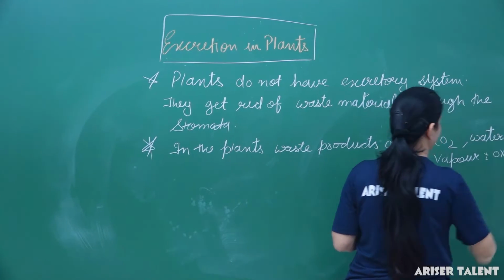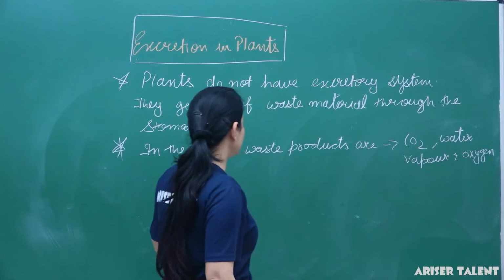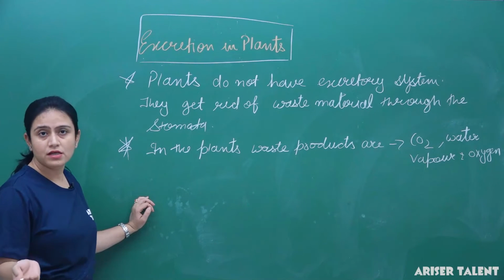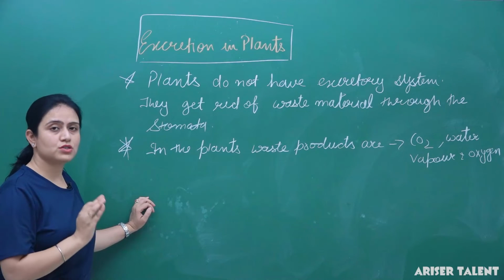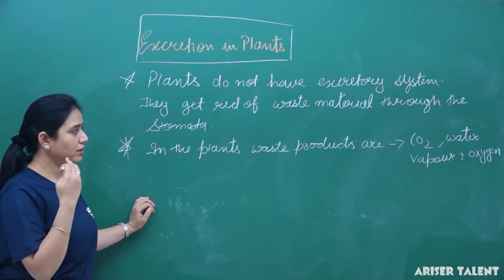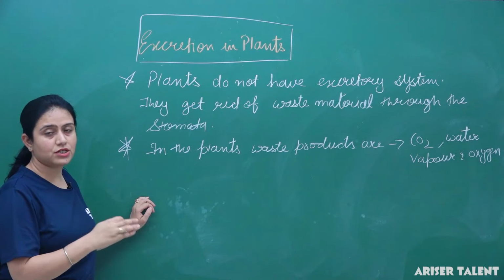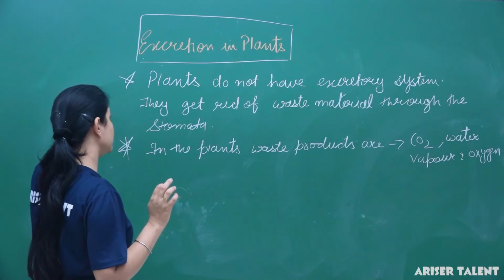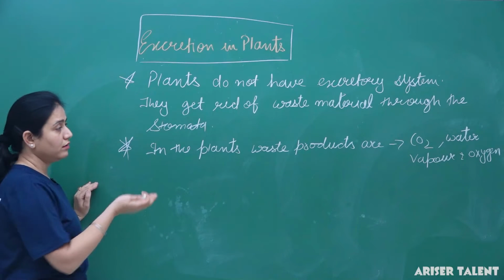All those waste products are removed from the body by the stomata, whether it is the process of photosynthesis or respiration. Everywhere stomata helps in the removal of waste material.